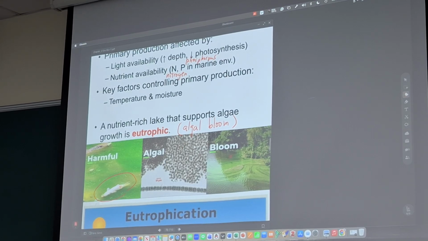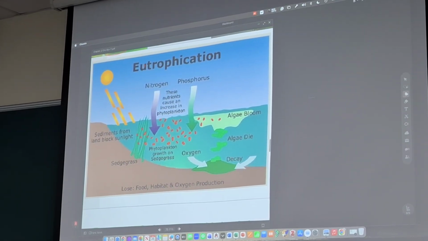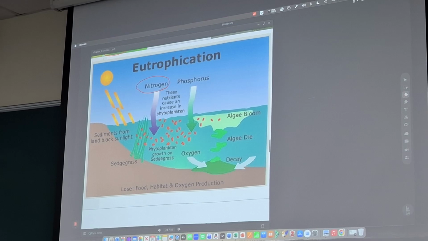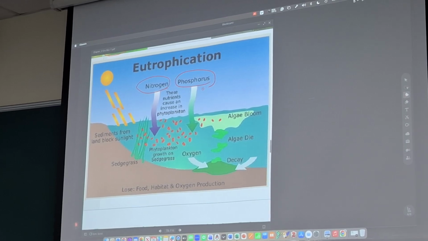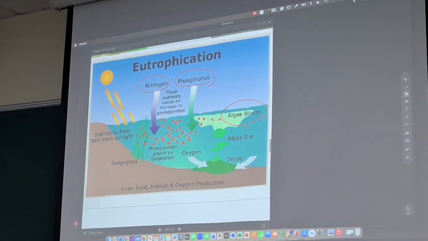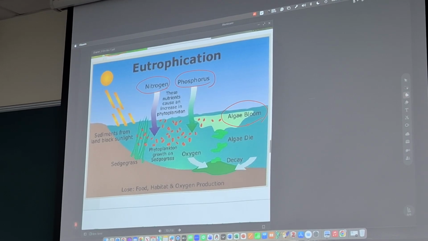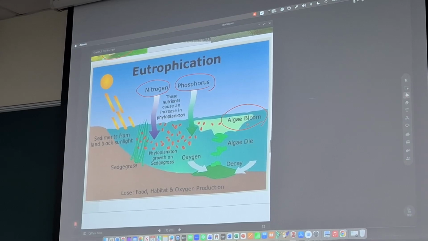It is so-called eutrophication because nitrogen and phosphorus are very good nutrients for algae, so algae will grow a lot. Those algae will compete for oxygen with aquatic animals, and the aquatic animals die. So we call this eutrophication.